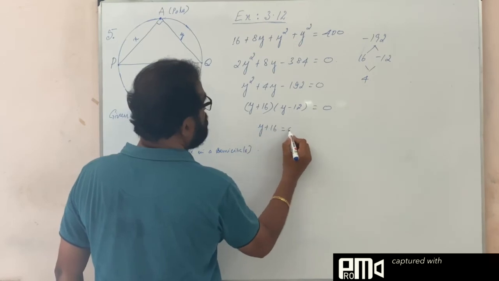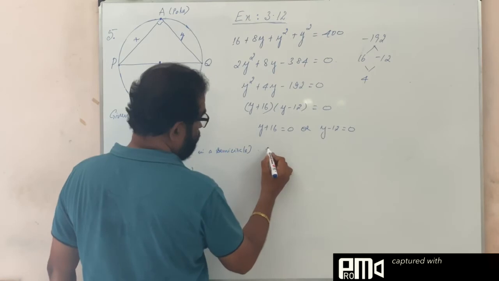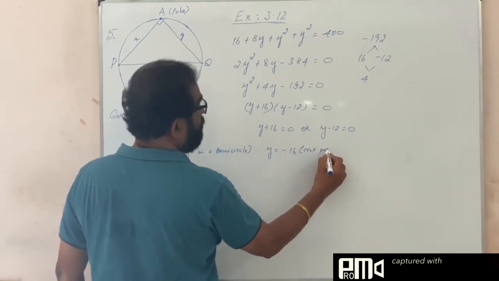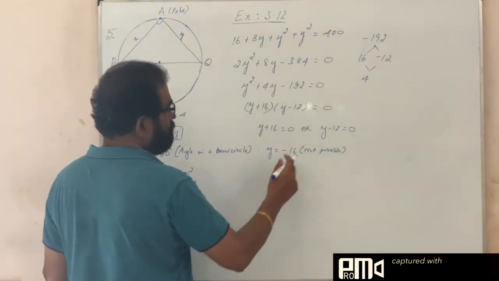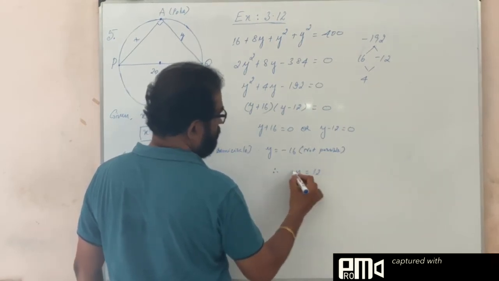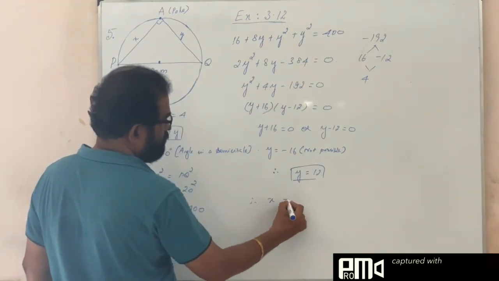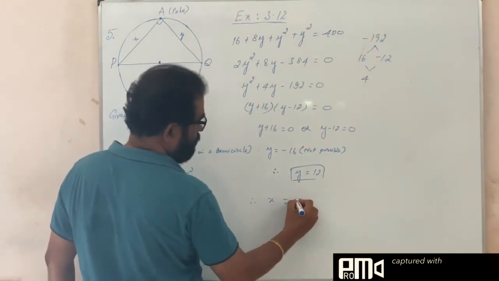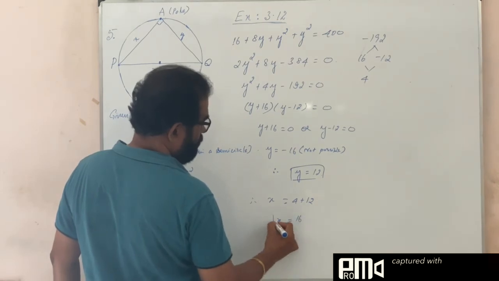Either y plus 16 is 0 or y minus 12 is equal to 0. Y is equal to minus 16, not possible. Distance cannot be negative. So y is equal to 12. Therefore, if y is 12, what is x? X is equal to 4 plus y, 4 plus 12, x is equal to 16.